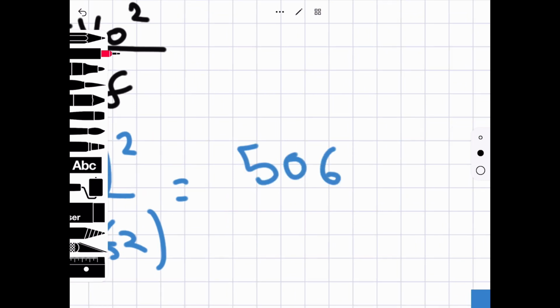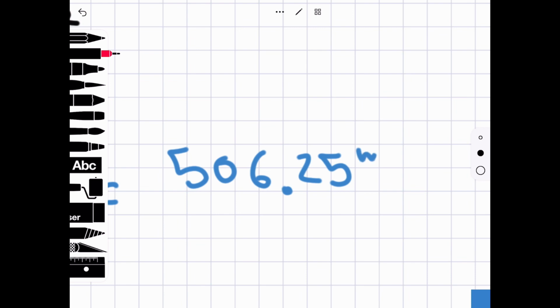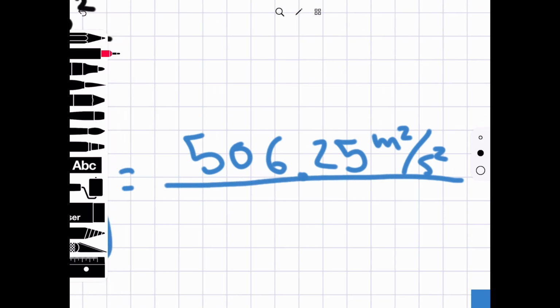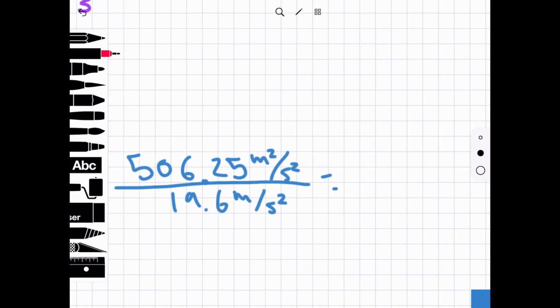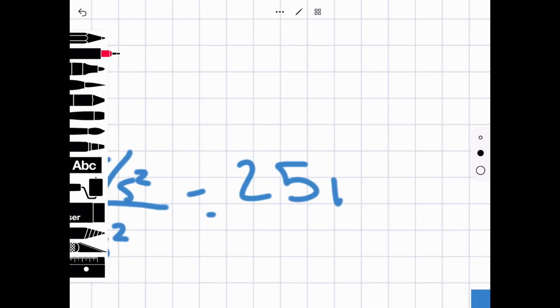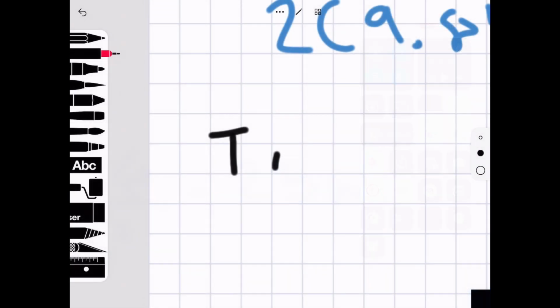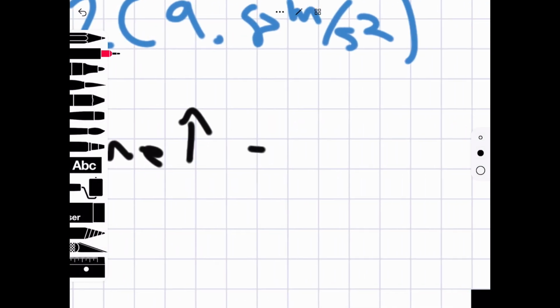Well, and that's 506.25 meters squared divided by second squared, and that we divided by 19.6 meters divided by second squared, and it is 25 meters.